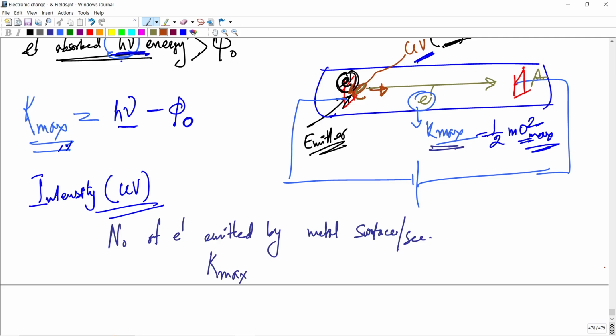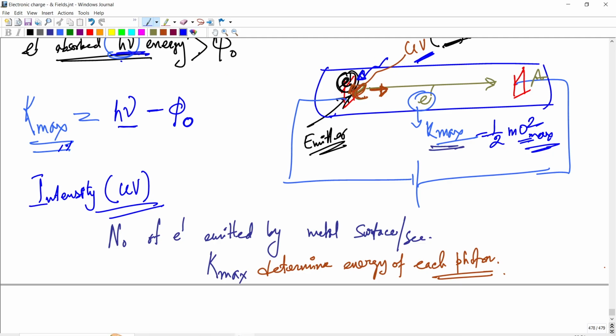So this maximum kinetic energy determines the energy of each photon, by absorbing each photon's energy.